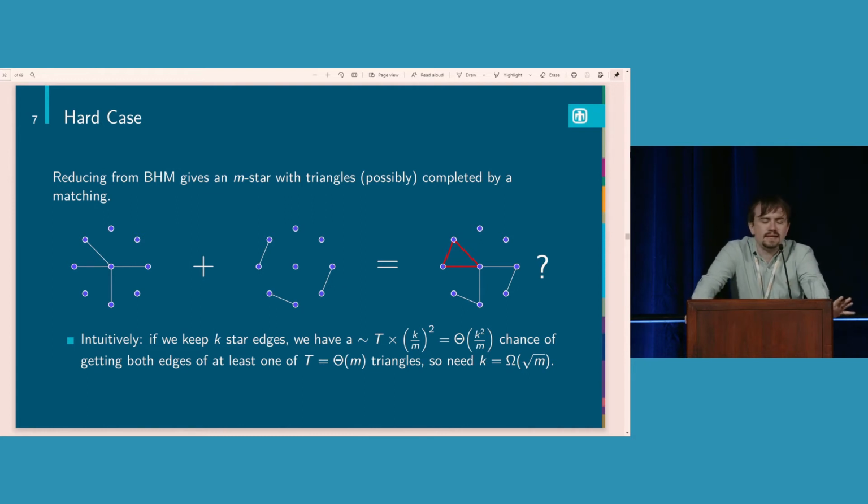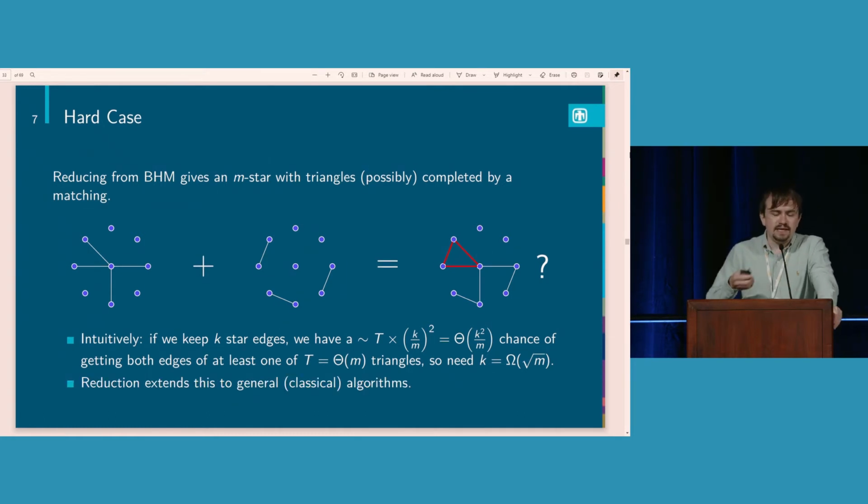Now, for some intuition of how hard this should be classically, you can imagine that you're just trying to keep some subset of the edges of that original star. You can't really distinguish between the edges of that star, so this basically means you're just going to keep k edges from it at random. And then for every triangle, if there are any triangles in the final graph, you'll have a (k/m)^2 chance of getting that triangle.